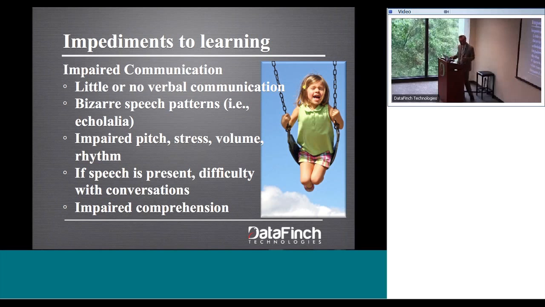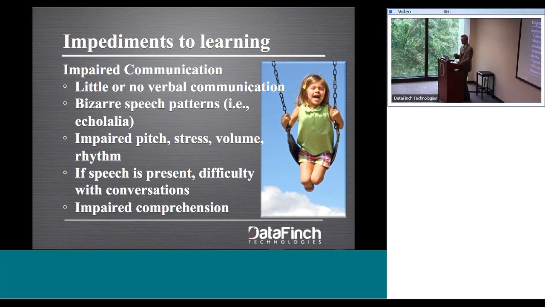The next bullet point here relates to something that's often referred to as prosody. These are ways that we communicate other than just our words. So pitch, stress, volume, rhythm. These communicate to other people, or we can use these things to communicate with other people. And this can be difficult for kids with autism to use and for them to understand.